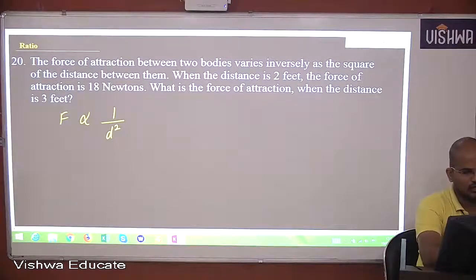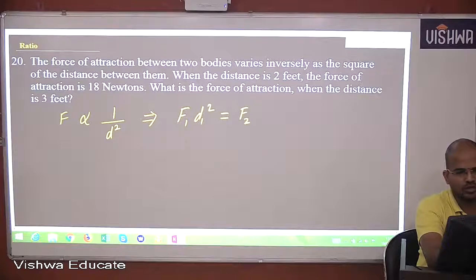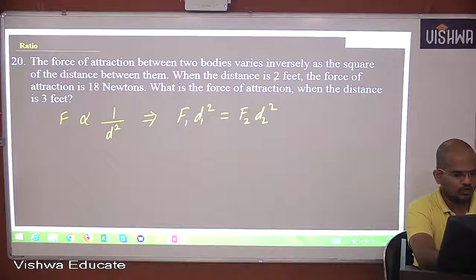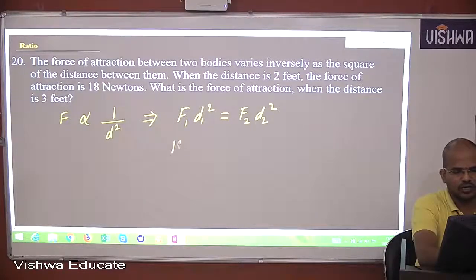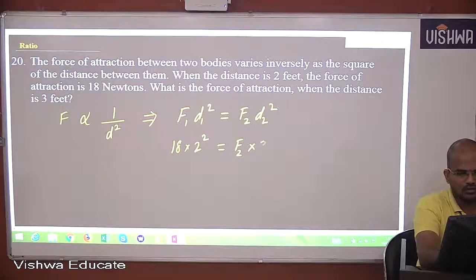So from this we write down F1 D1 square is equal to F2 D2 square. And the distance is 2 feet. The force of attraction is 18. So 18 into 2 square. What is the force of attraction when the distance is 3 feet? So this is 3 square.